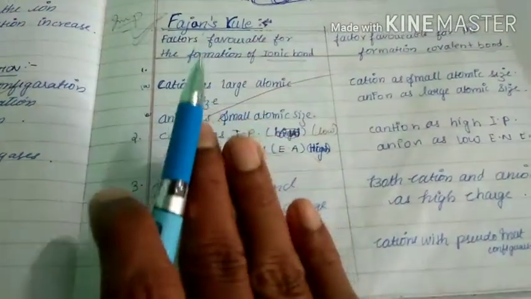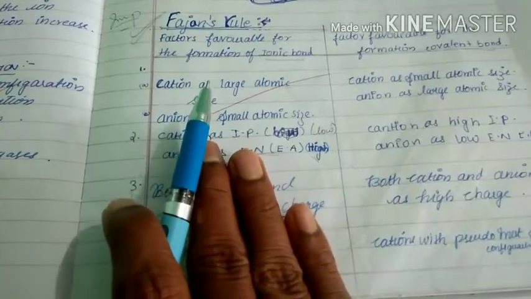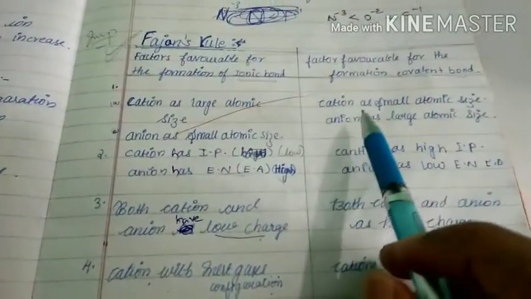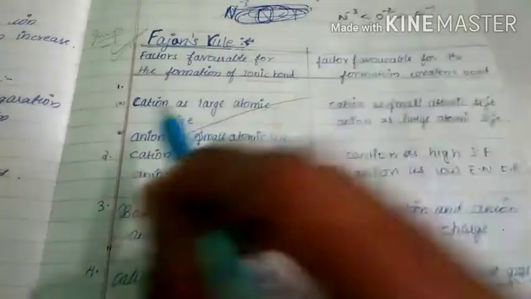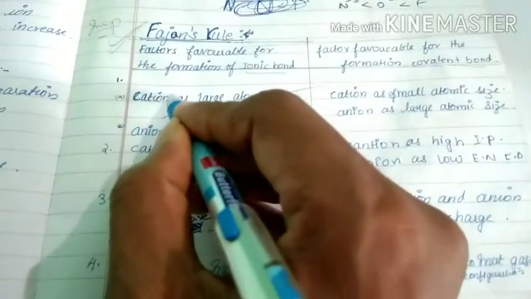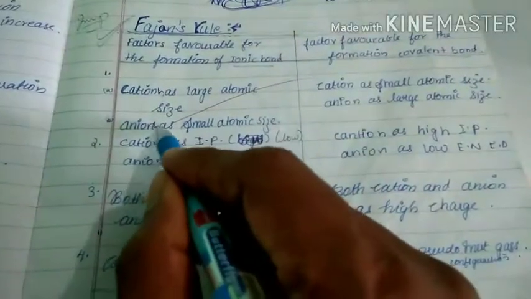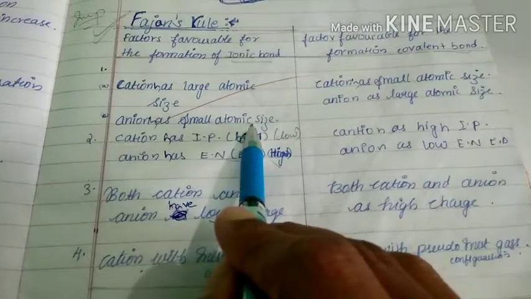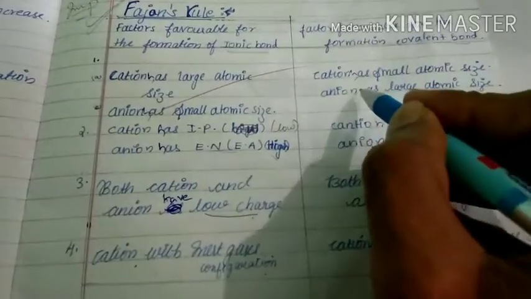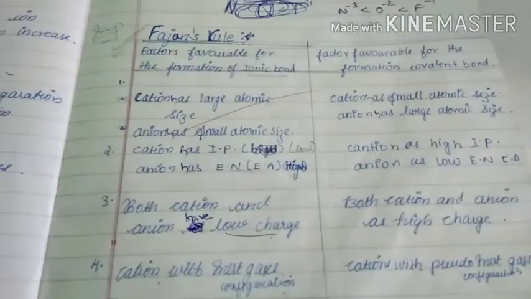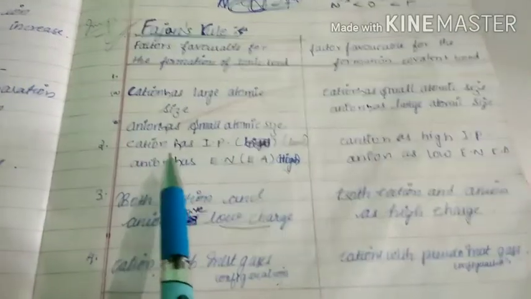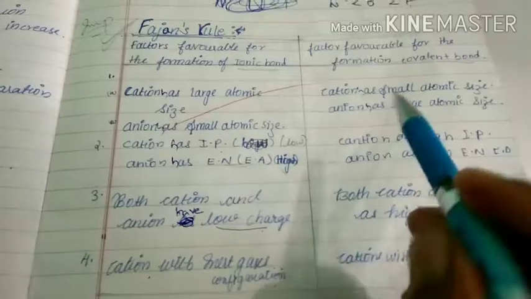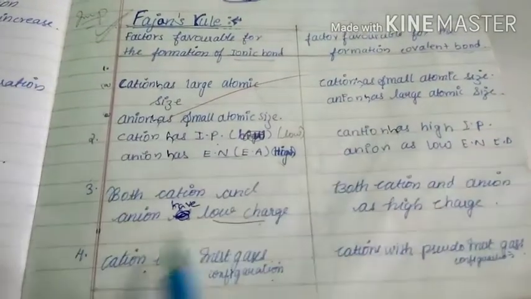Now the exactly opposite rules are favorable for formation of covalent bond. What are they? Cation has large size here, but here cation has small size. Here anion has small atomic size, here anion has large atomic size. Next, here cation has low IP, but here cation has high IP.